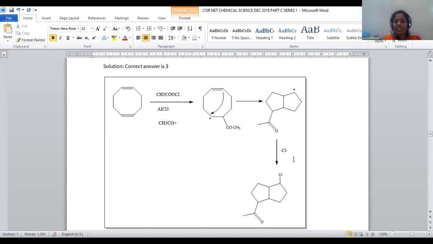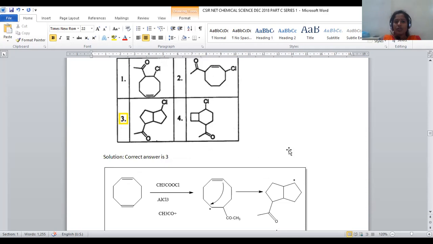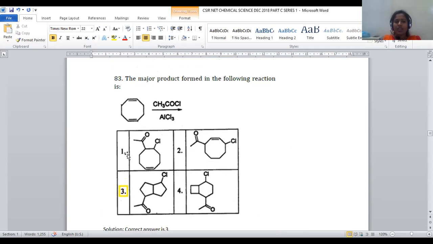Now, subsequent chlorination of this carbocation gives a chlorinated compound, right? So in this way, when we take octadiene and treat it with acetyl chloride in the presence of AlCl3, it is converted into a bicyclic 5-membered ring system with 2 functional groups. For question number 83, option number 3 will be the right answer.